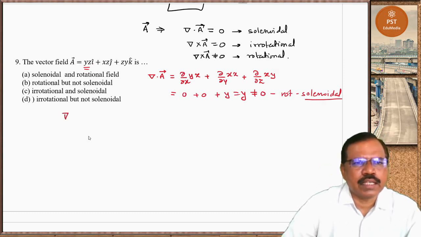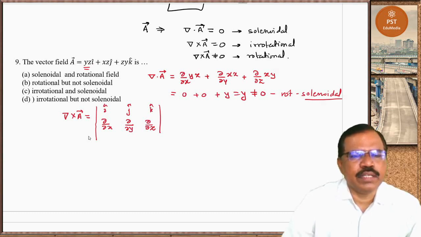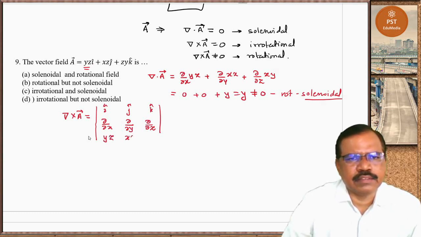Now del cross A: the determinant with i, j, k, ∂/∂x, ∂/∂y, ∂/∂z, and here yz, then xz, and here zy.